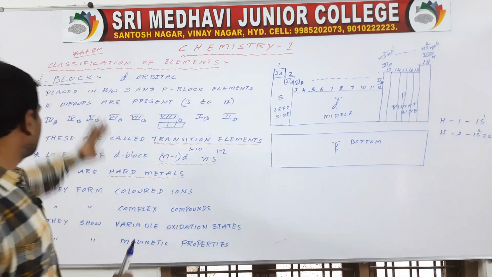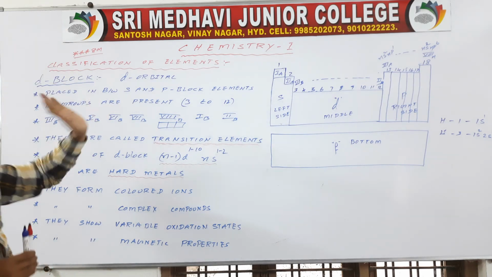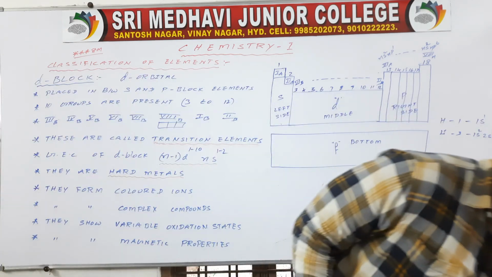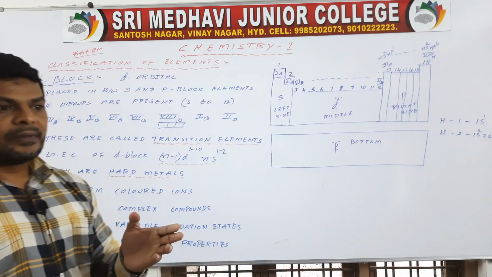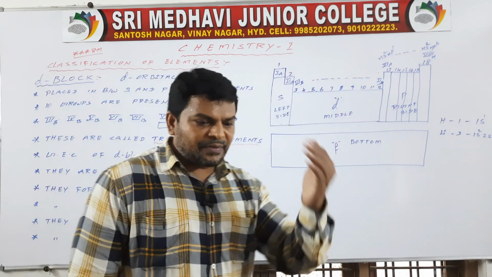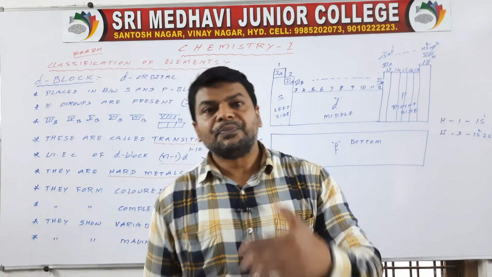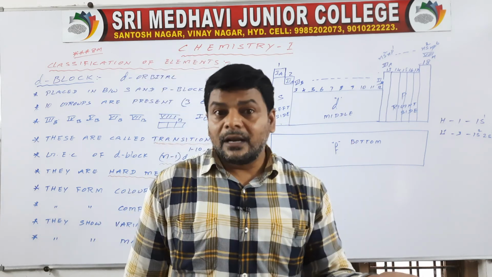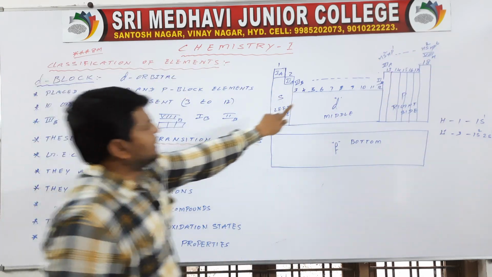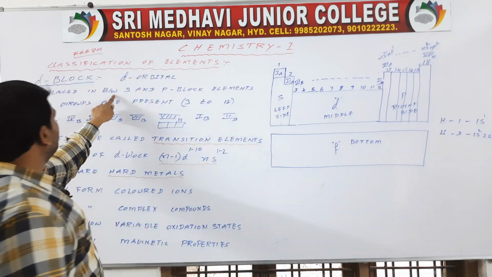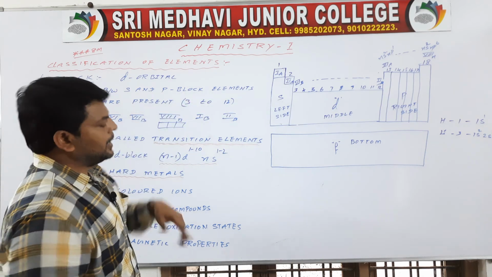Okay, this is briefly about d block elements. What are d block elements? The elements in which the differentiating electron enters into d orbital are called d block elements. It is in between s and p block elements.